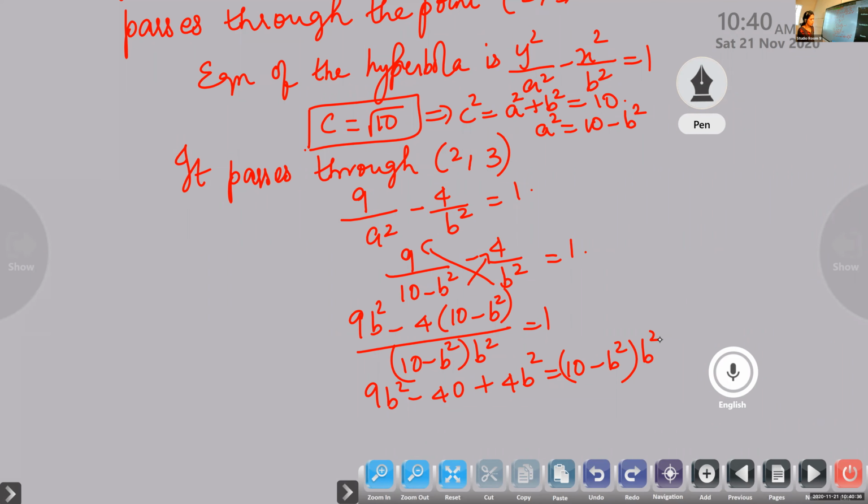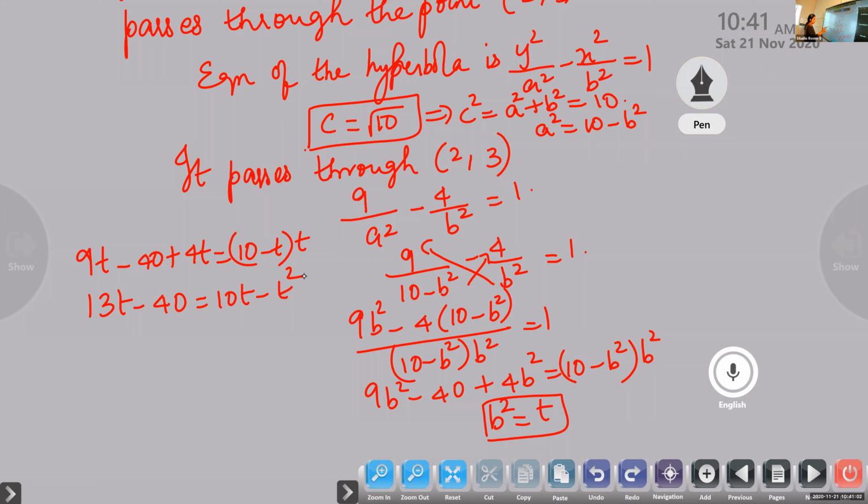To make this quadratic, for our convenience, we can substitute b square as t. So we will get 9t minus 40 plus 4t is equal to 10 minus t into t. That is 13t minus 40 is equal to 10t minus t square. So if you bring it here, t square minus 10t plus 13t minus 40 is 0.